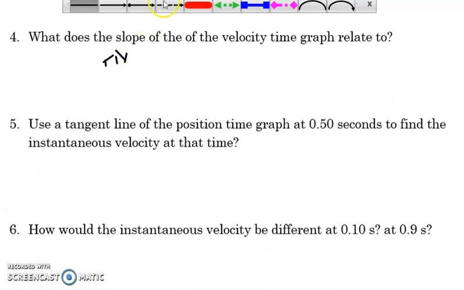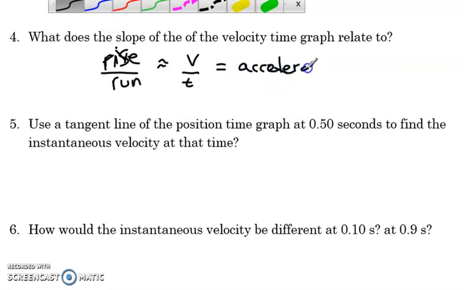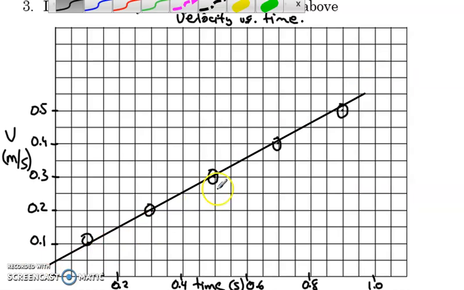Rise over run, where the rise is related to the velocity and the run is related to time, well, velocity over time is acceleration. And so the slope of this line is the acceleration.